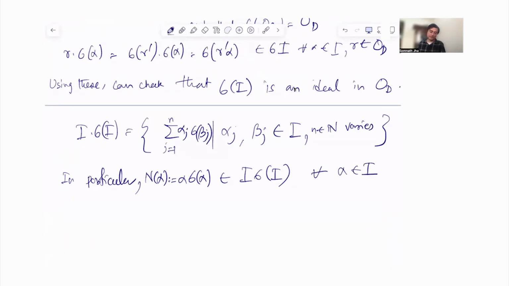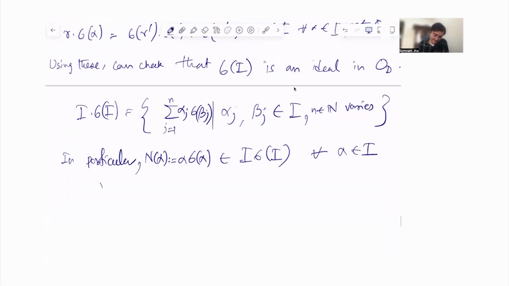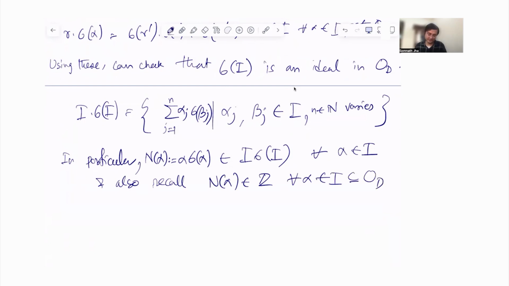And also recall that the norm of alpha belongs to Z for all alpha, because I is a subset of O_L, and for any algebraic integer, the norm is an integer.